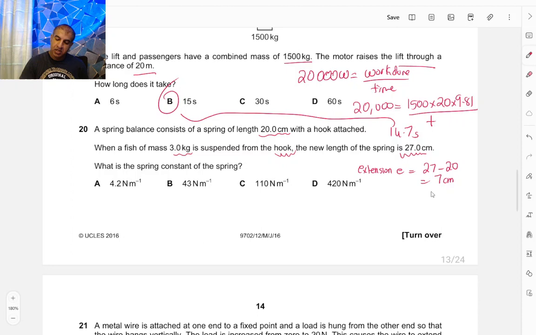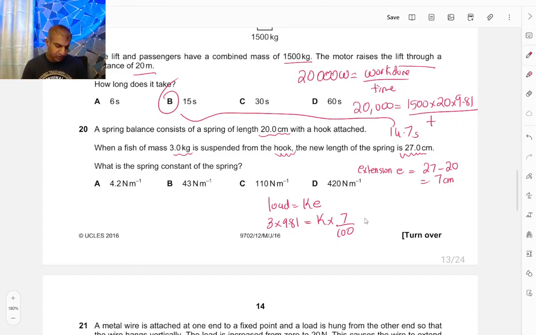So let's see. So load is equal to k times extension, and the load is actually in newtons, so 3 into 9.81. And that means k multiplied by the extension, so 7 divided by 100, because we need to convert the centimeters into meters. So that would be it.